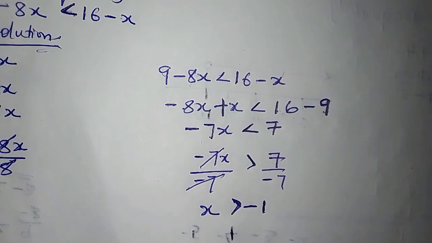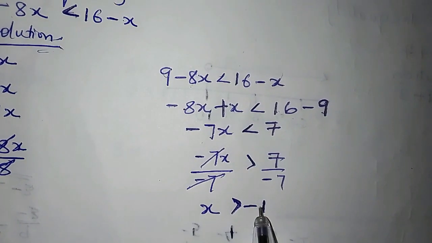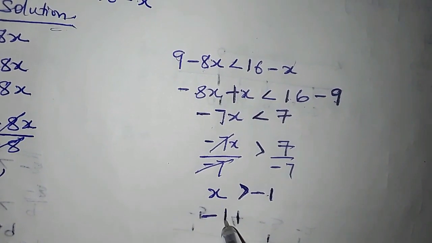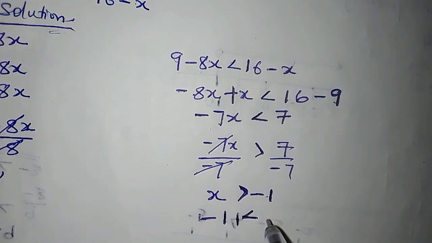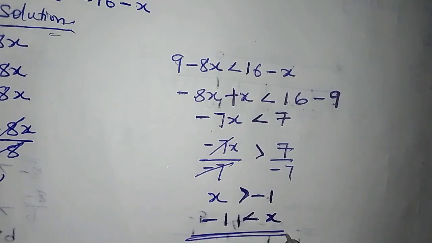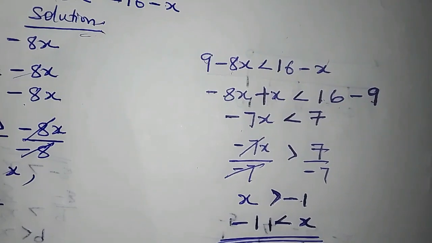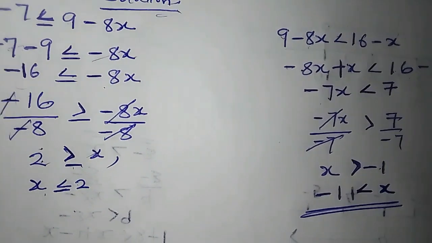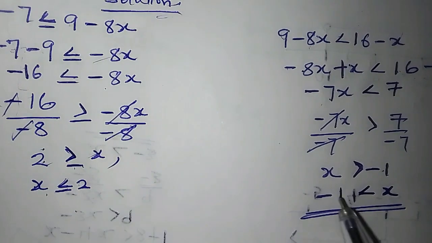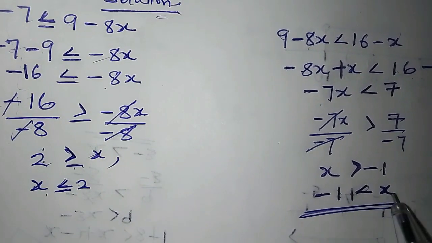And if x is greater than minus 1, it means that minus 1 is less than x. So the two solutions that we have say x less than or equal to 2 and minus 1 is less than x.